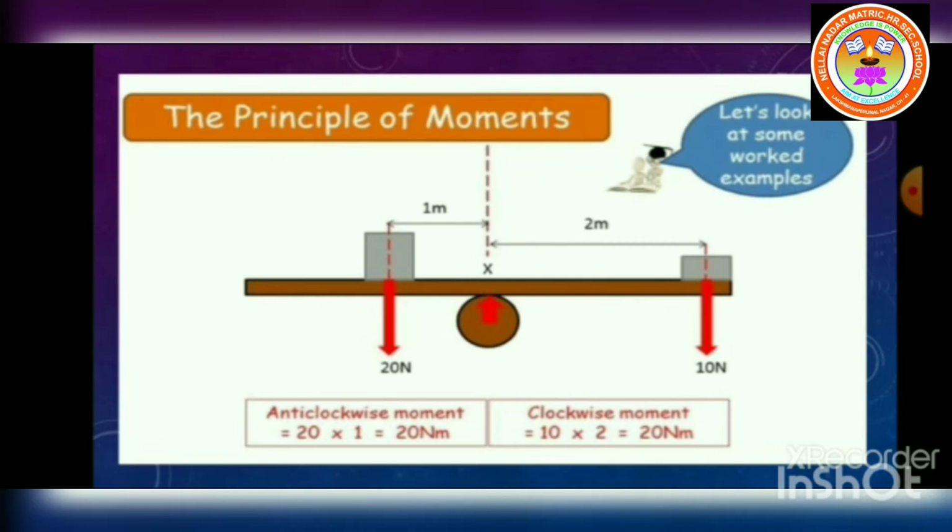So 20 N m. Next, clockwise moment, F2 into D2. F2 value 10 N and D2 value 2. So 10 into 2 is equal to 20 Newton meter. See the answer, children. Now we have proved anticlockwise moment is equal to clockwise moment.